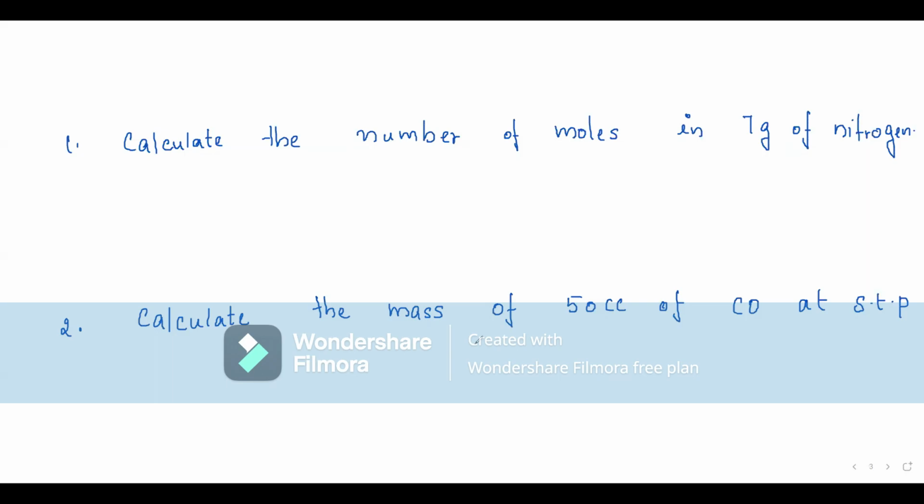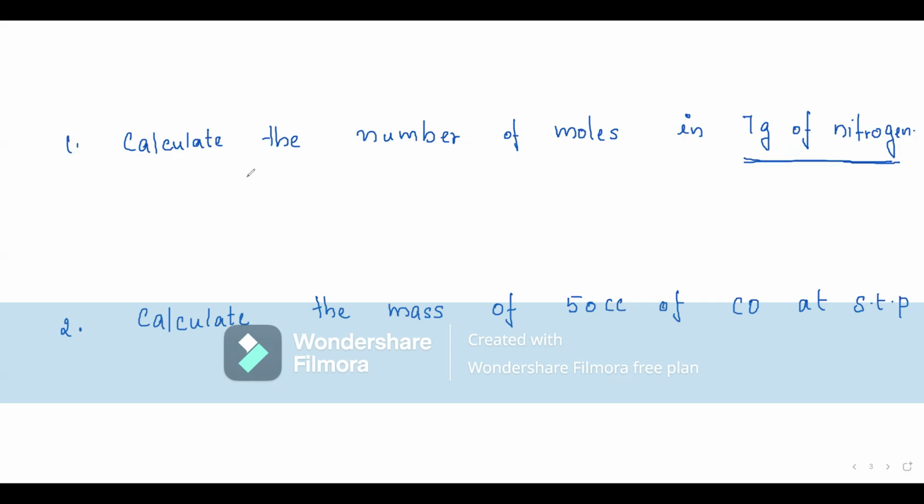So let us solve some of these questions. Calculate the number of moles present in 7 grams of nitrogen. Once we read the question, find out what is the data given. It is given that you are taking 7 grams of nitrogen and you need to relate it to the moles.